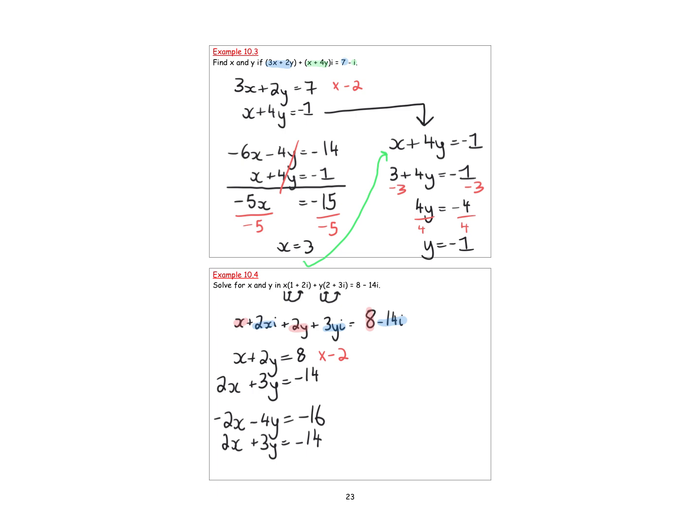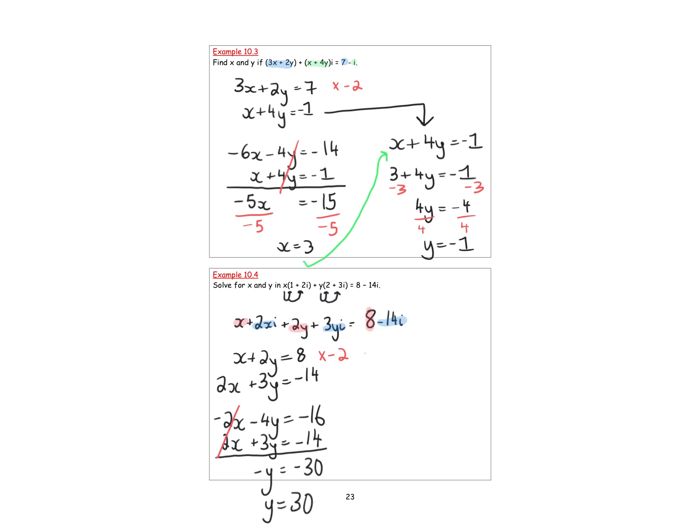So when that is the case, I'm going to underline my two lines and add the lines together. We have minus 2x and plus 2x, which give us 0, minus 4y plus 3y, which gives us minus 1y, and then minus 16 minus 14, which gives us minus 30. And if minus y is equal to minus 30, y will be equal to 30.